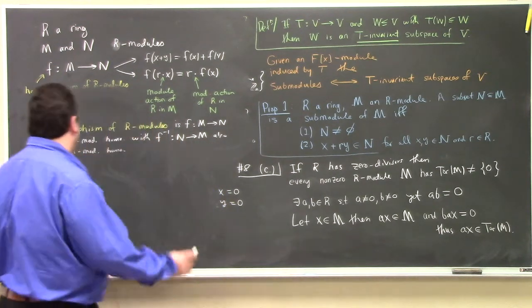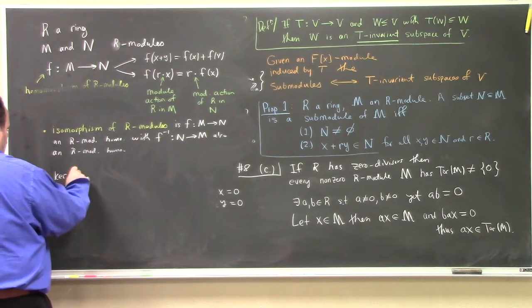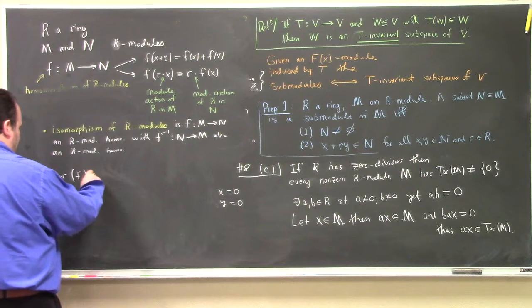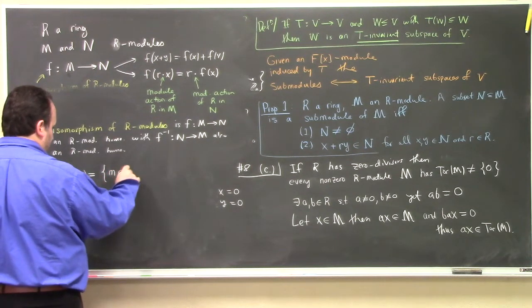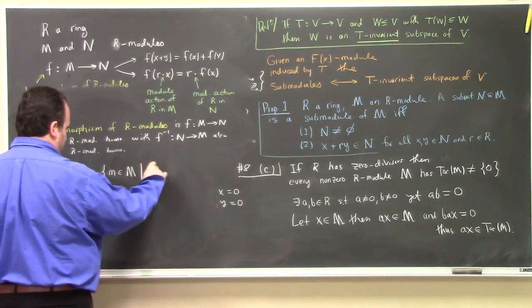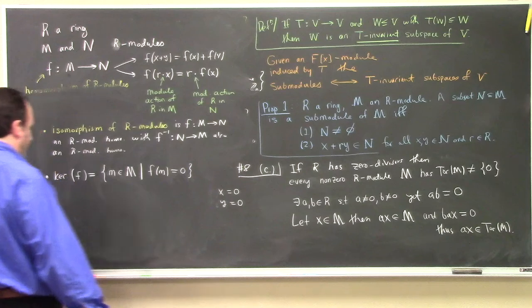You can also talk about the kernel. What would the kernel of an R module homomorphism be? It would be the m in M such that f of m is equal to 0, right?